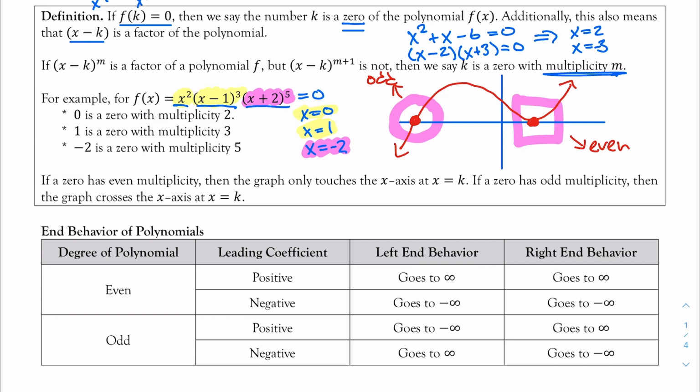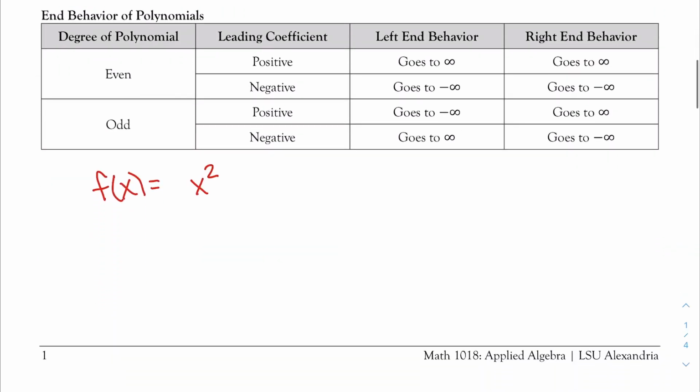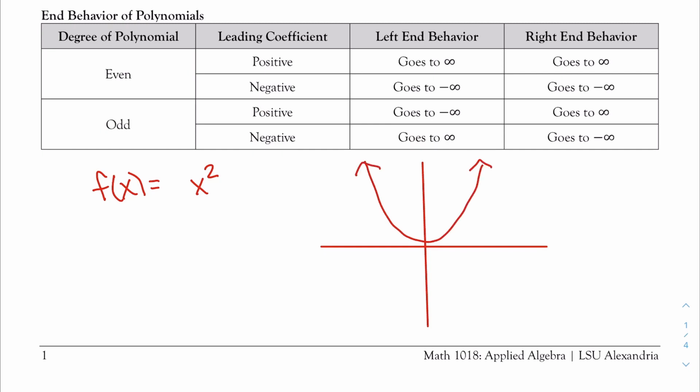So you may be thinking that this is a lot to remember, but we actually have been working with this before. For example, if I have a quadratic function, let's say f(x) = x^2, we know what an x squared graph looks like. If I were to graph it, then I would end up with something that looks like a parabola opening upwards.